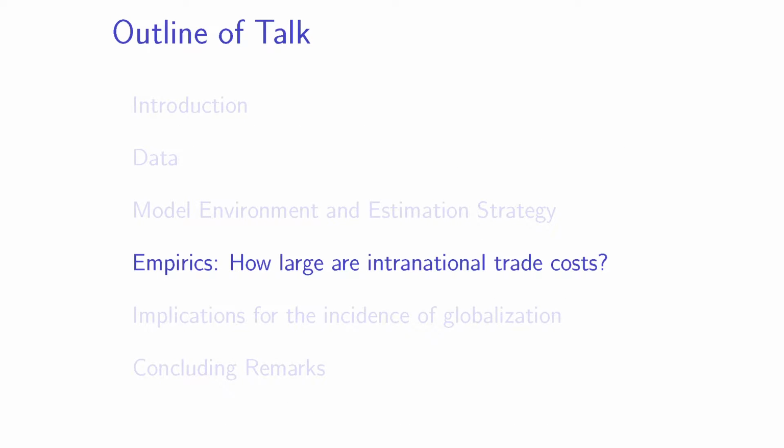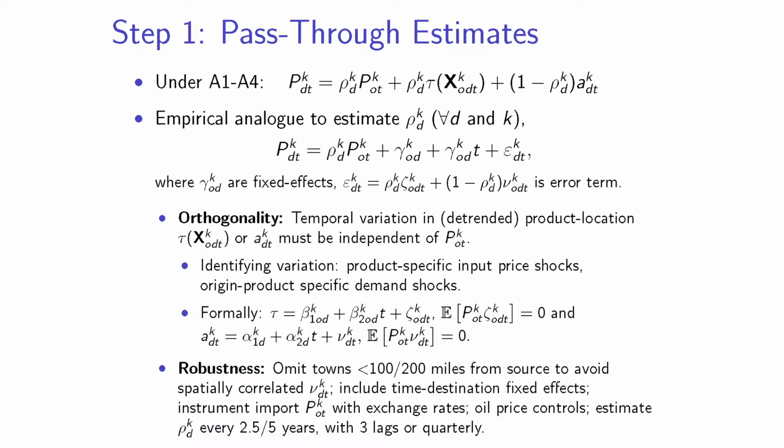Okay, so now I'm going to try to show you some numbers. So first, as I mentioned, in step one, we tried to estimate these pass-through rates using the equation I talked about earlier. The key restriction here is to require that whatever is determining the origin price and shocks to the origin price is orthogonal to unobserved demand shifters at the destination.